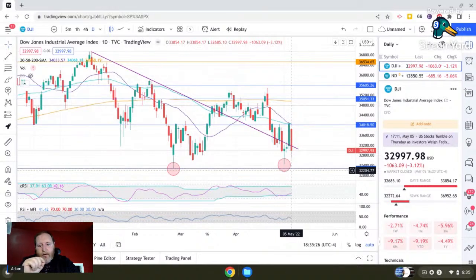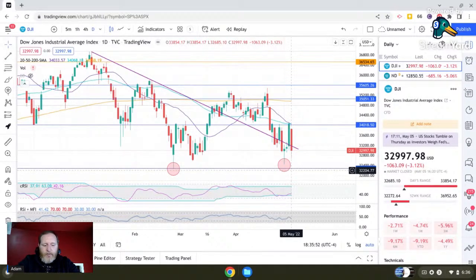But another story to this market, the behavior of the Treasury market was one source of worry for the stock market, especially growth stocks, because the 10-year yield rose 15 basis points to plant itself firmly above 3%. Let's look at that.